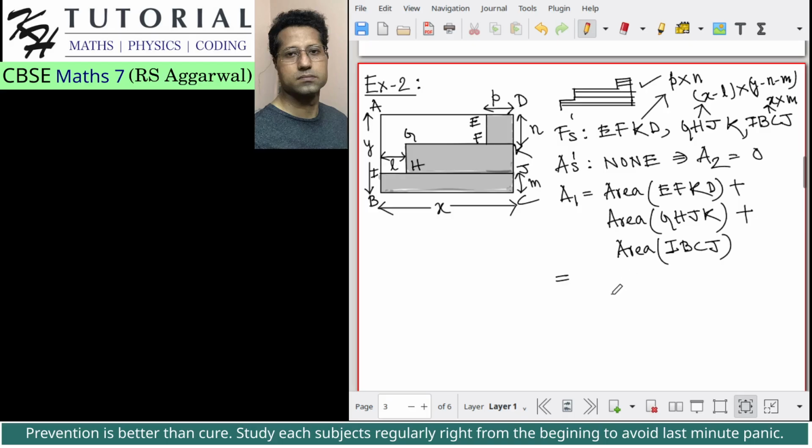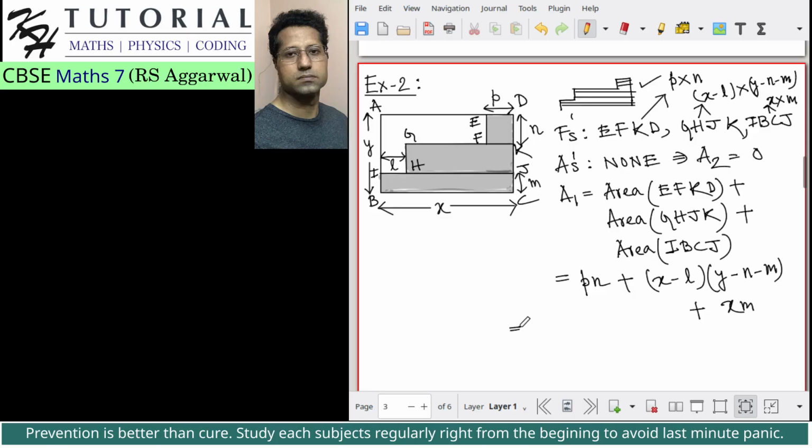Since its dimensions are P by n, I can say that its area will be Pn, plus the area of GHJK, the length is x minus L and the width is y minus n minus m, plus I have the area of IBCJ, the area will be x into m.